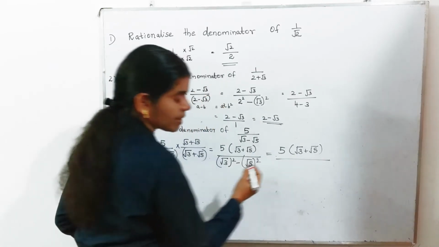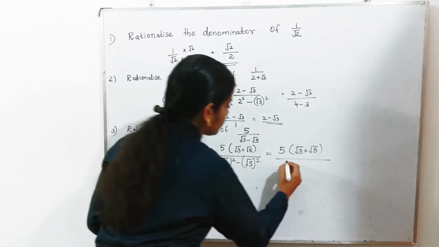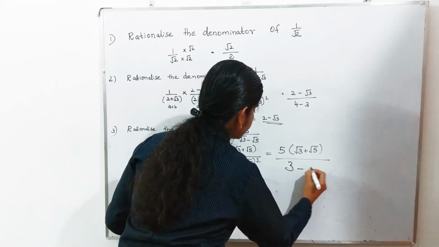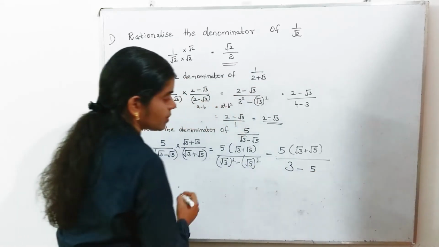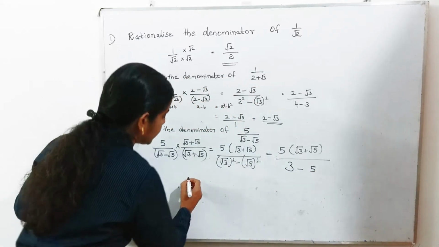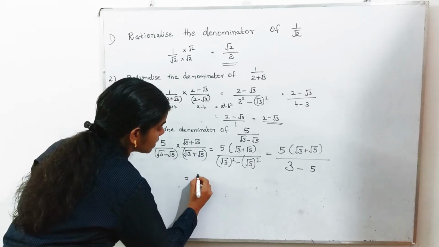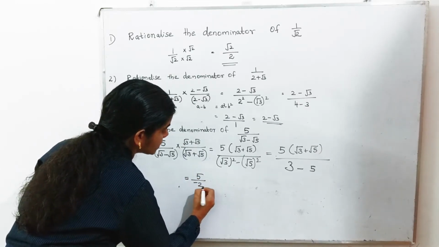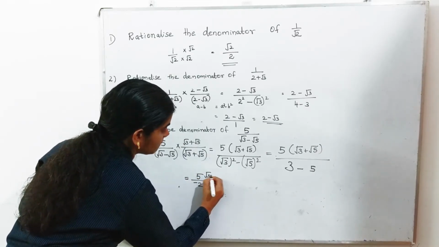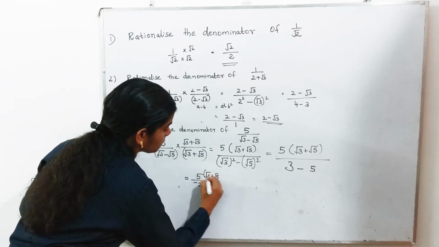Root 3 whole square means that is equal to 3. 3 minus 5, that is equal to minus 2. Then if you want you can write this 5 by minus 2, you will get root 3 plus root 5.